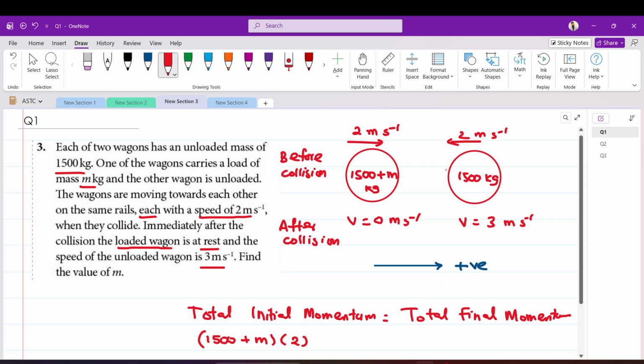Now for the second one, the initial momentum of the unloaded wagon will be 1500 times minus 2, because the motion is towards the left. If I'm taking right hand side as positive, that means left hand side will be negative.